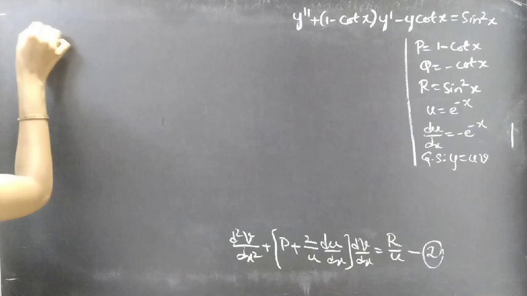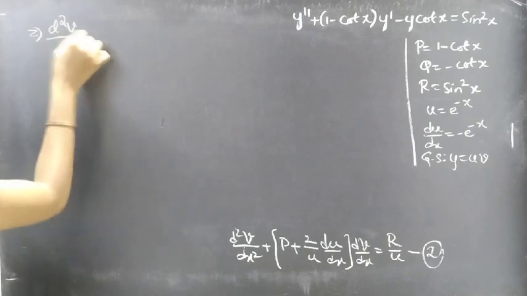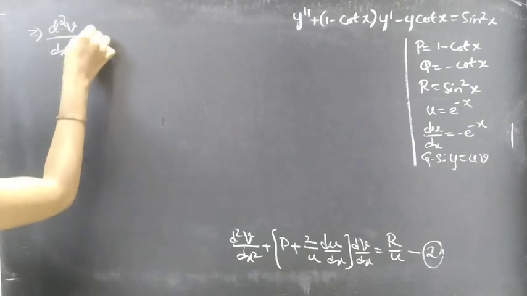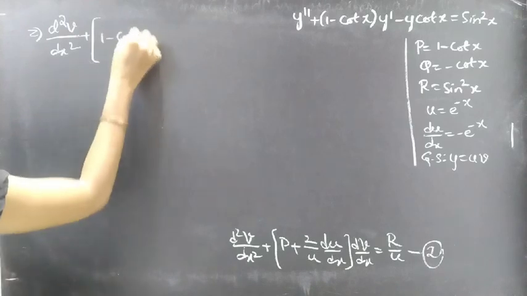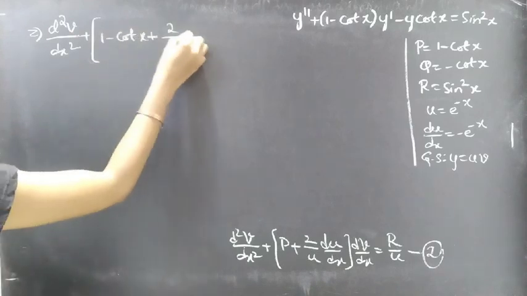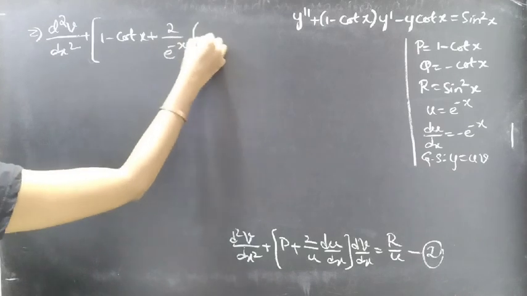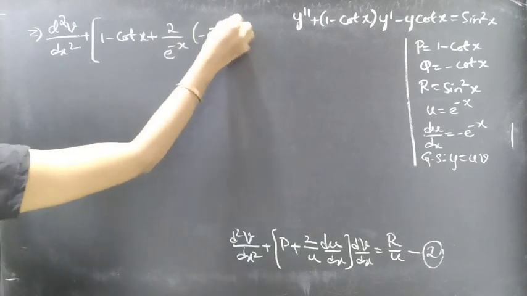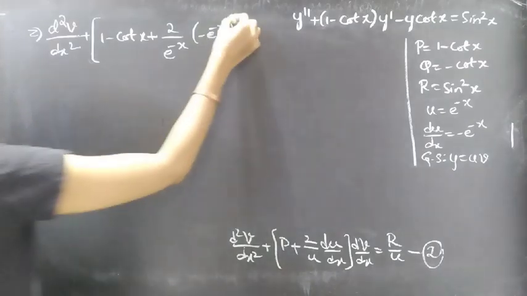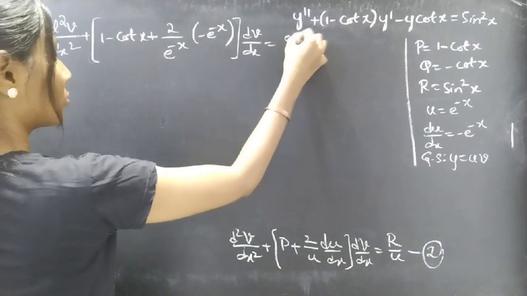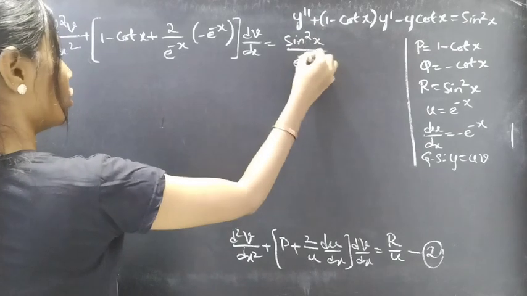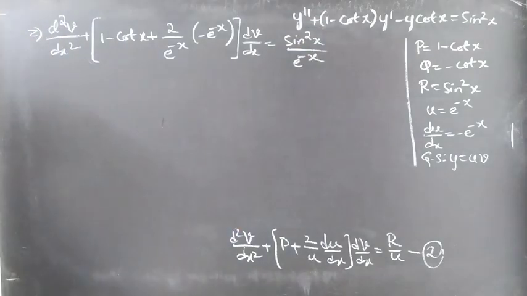This becomes d²v/dx² + p, where p is 1 - cot x, plus 2/u into the derivative of u with respect to x, into dv/dx equals r/u. Okay.